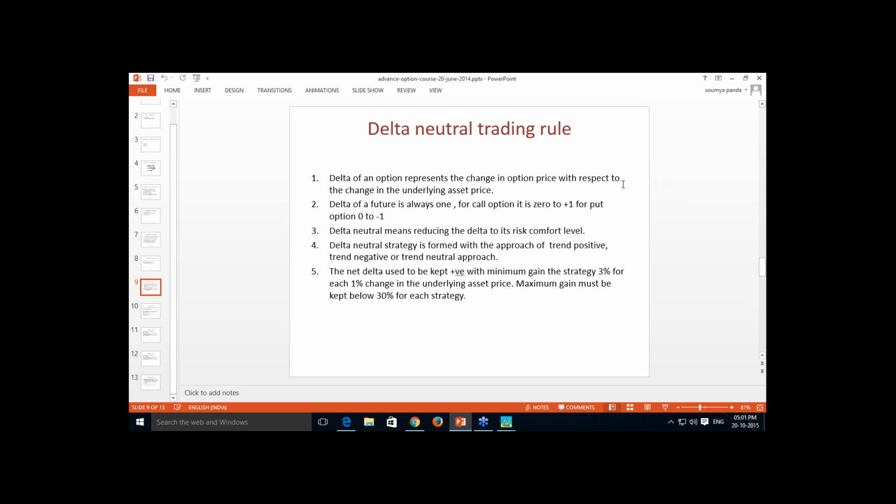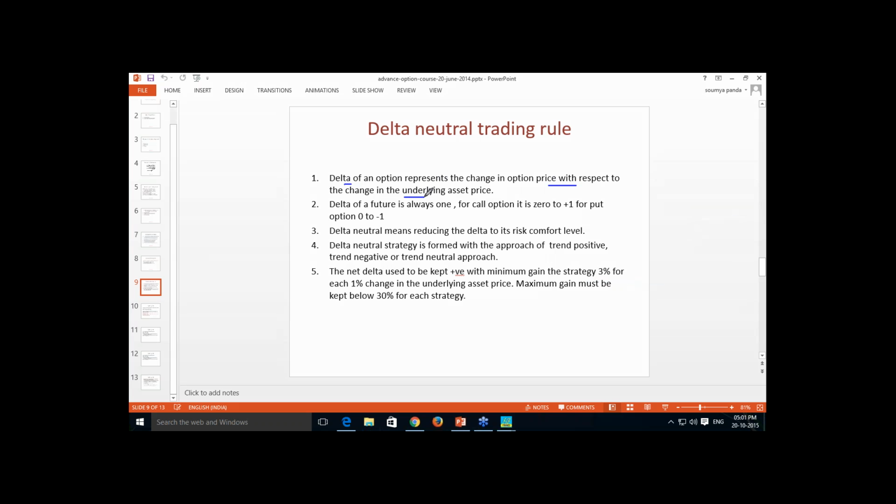Delta is one of the Greeks associated with an option. The definition of delta is the change in the option price with respect to the change in the underlying asset price.